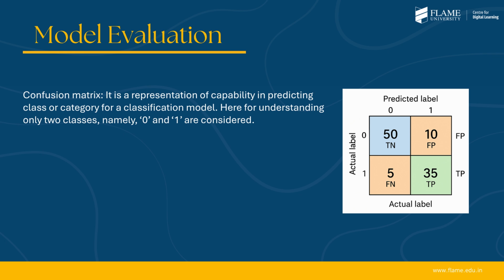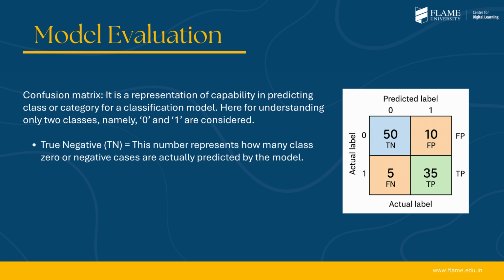There is a concept of the confusion matrix, which tells which type of category you are predicting properly, and based on that you can derive some metrics which tell how well your model is performing. In the confusion matrix, you have 4 types of observations.